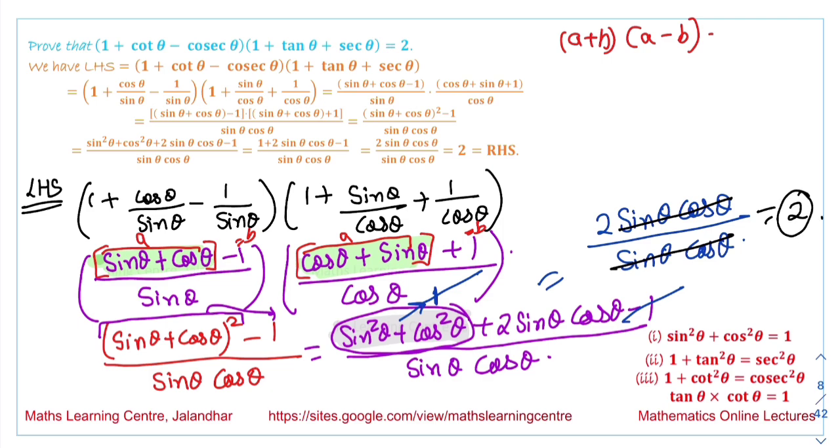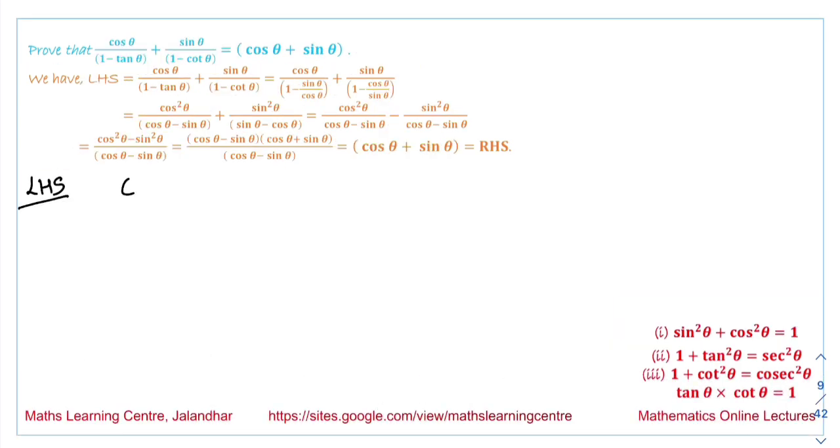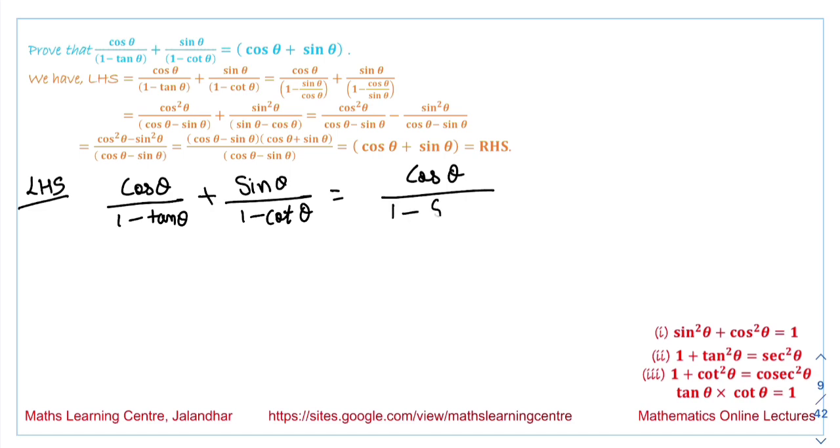Now next, the left hand side we are considering over here. LHS we have is cos theta over 1 minus tan theta plus sin theta over 1 minus cot theta. We can write it as cos theta over 1 minus sin theta over cos theta plus sin theta over 1 minus cos theta over sin theta.